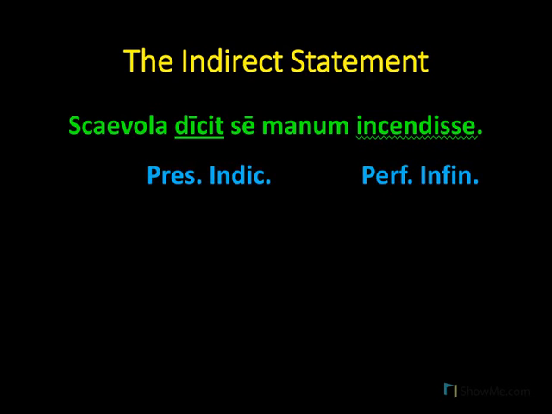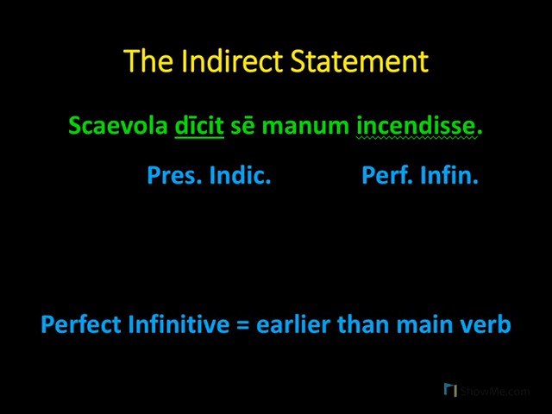Dicit is a present tense indicative, and incendisse is a perfect tense infinitive. Now remember that the perfect infinitive denotes an action earlier than the main verb. So the action of our indirect statement, se manum incendisse, happens earlier than the main verb, dicit.